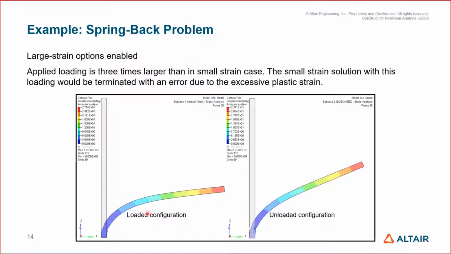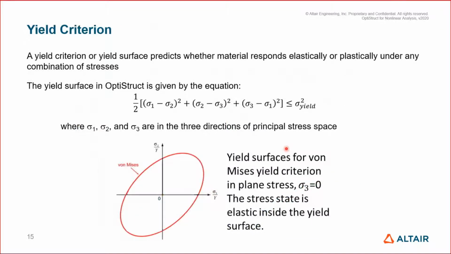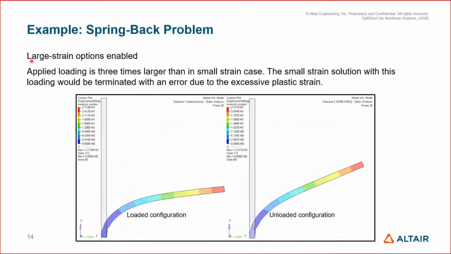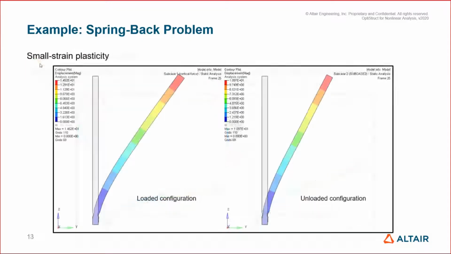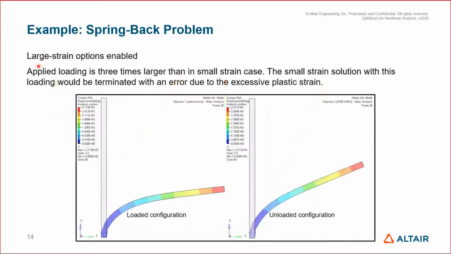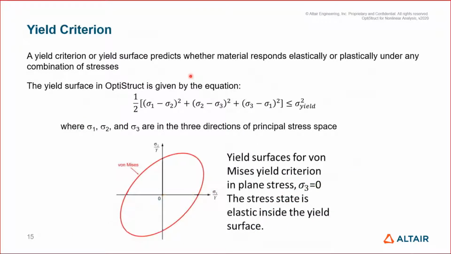You see that our solution will be more accurate in capturing the large strain displacement here. This shows there's a difference between small strain and large strain formulation, but rest assured that we already considered this. It is automatically turned on in OptiStruct when needed. You don't need to purposely set up any cards for that.